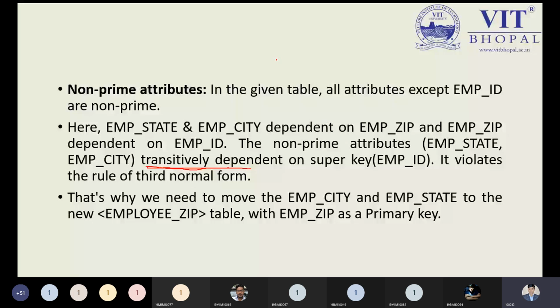So let us make a diagram over here, then we can understand. Employee state and employee city depend on the employee zip.